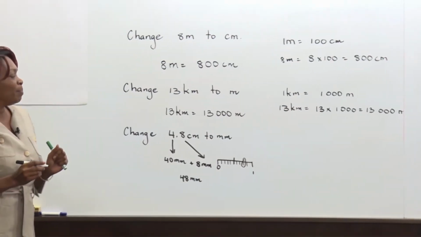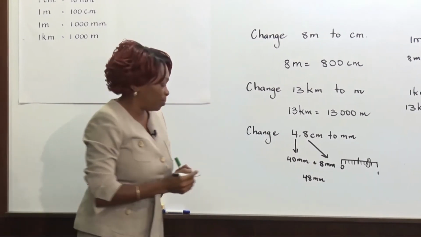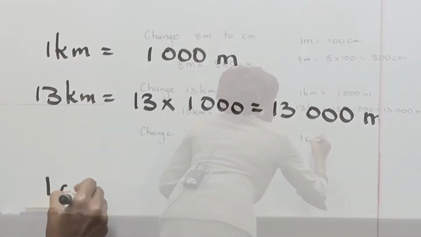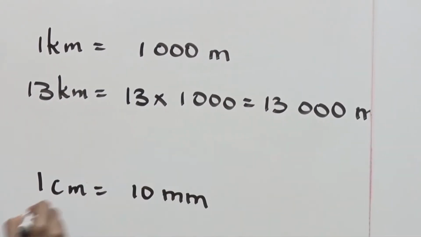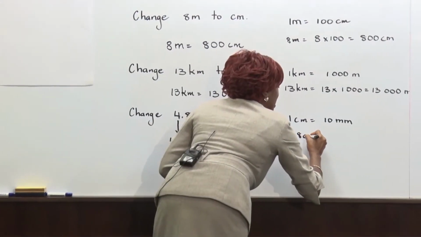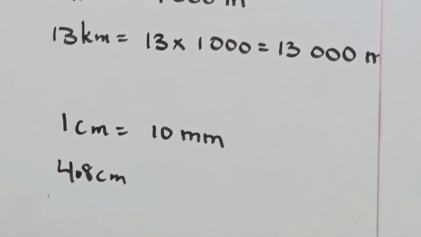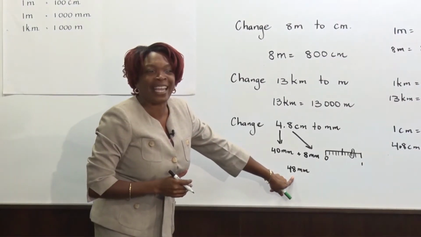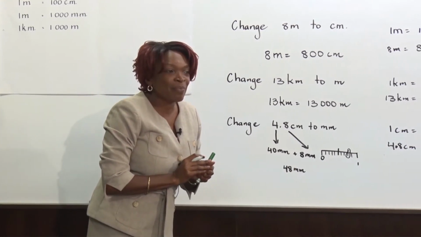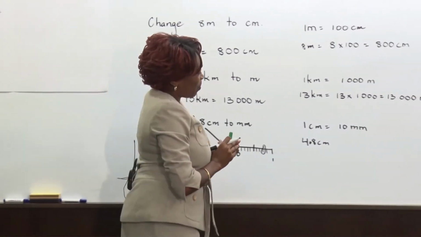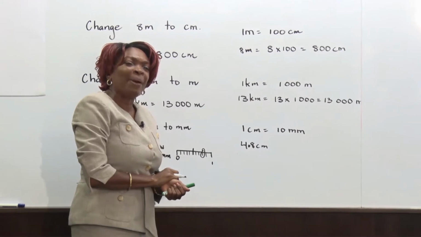And finally, 4.8 centimeters to millimeters. What do we know? 1 centimeter is equal to 10 millimeters. 4.8 centimeters now. Tricky one, a tricky one. We know our answer is 48 millimeters. How do we get that? Can you remember how to multiply a decimal by 10?